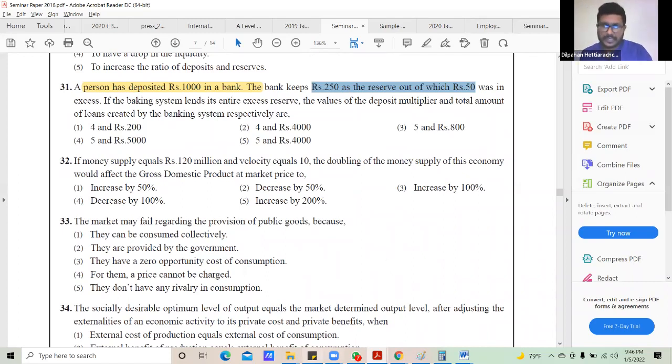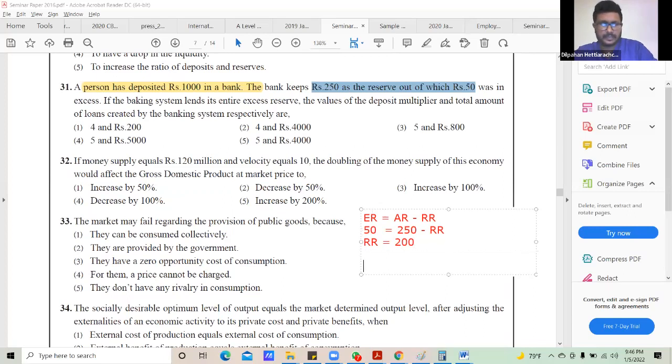If you want, you can simply use an equation and get the answer, but I don't prefer to go for an equation. Excess reserve equals actual reserve minus required reserve, right? Excess reserve is 50, they mention it. Actual reserve is what they are keeping already, 250, and required reserve we don't know. So RR this side, 50 that side. So required reserve is 200.